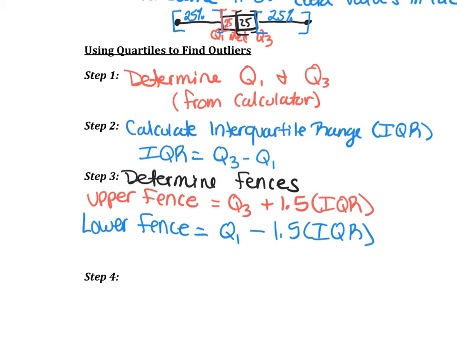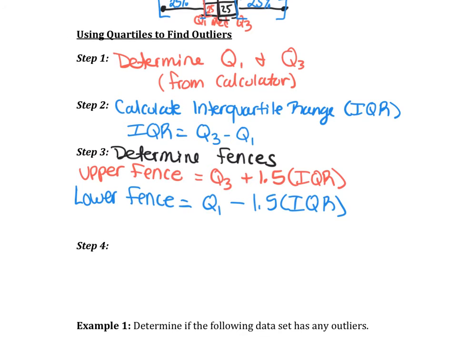So the 1.5 times the IQR is the same for both of them, but for the upper fence it's Q3 plus, and for the lower fence it's Q1 minus. Okay, and again, these are boundaries for normal or acceptable values.